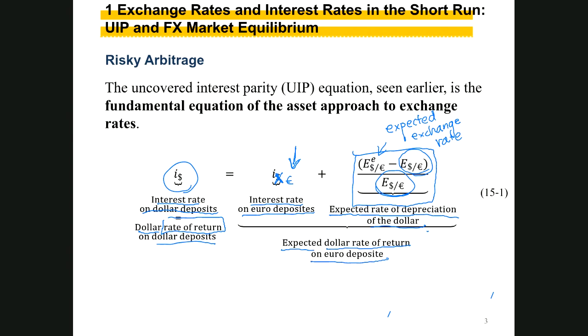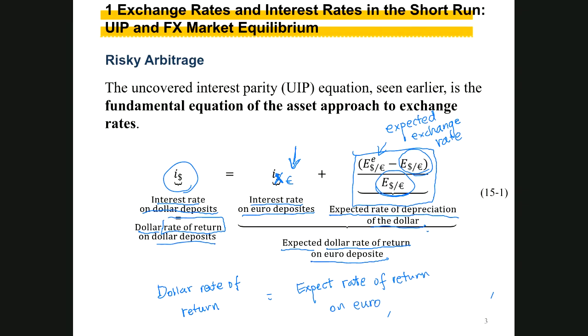Okay, and then the UIP, the non-arbitrage condition, tells us that the dollar rate of return should equal the expected rate of return on euro, right?